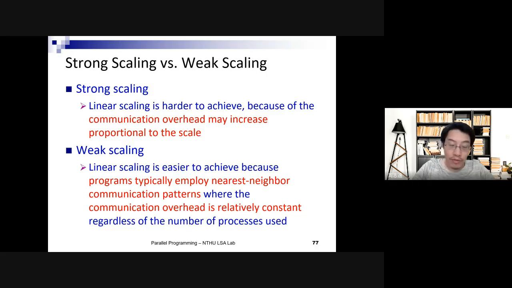The problem size affects the amount of computation. With weak scaling, you can use that to balance the computation and communication ratio. So it's easier to achieve better speed up results. That's why it's called weak scaling. Okay.